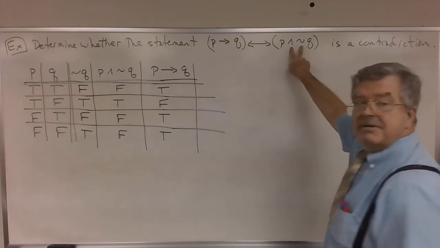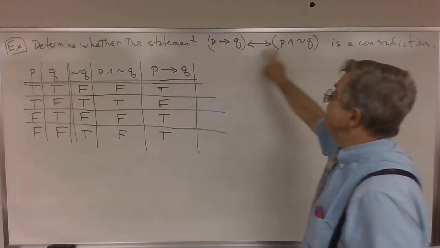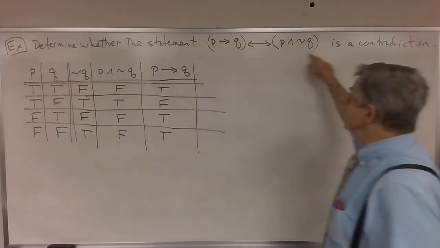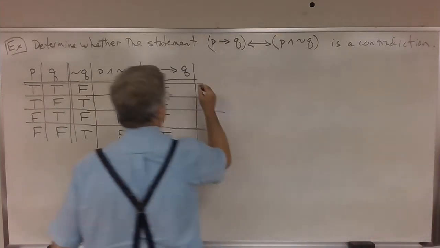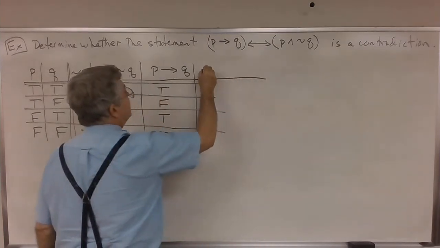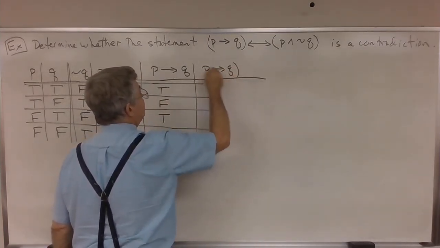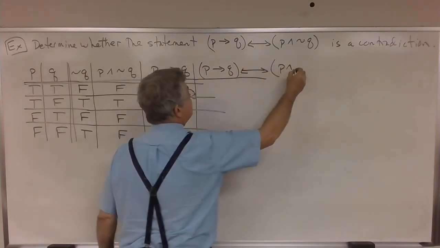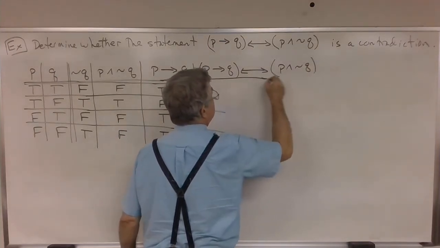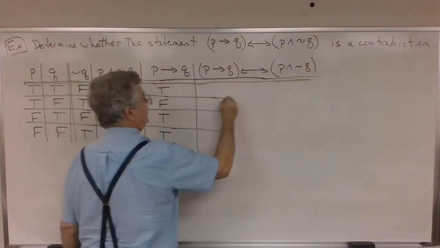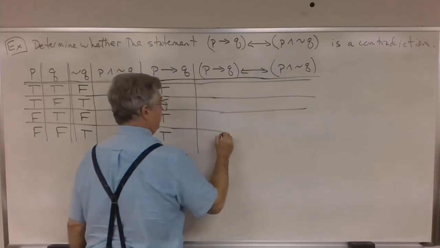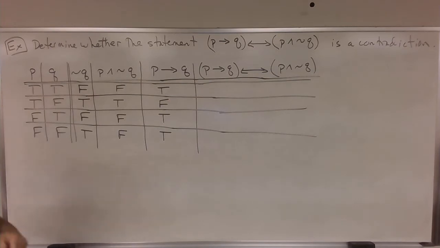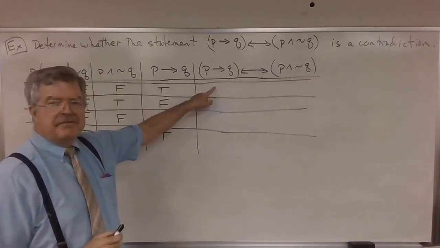We have this statement figured out, we know its truth values. We have this statement figured out, we know its truth values. We're ready to do the whole statement. This didn't take long at all. P implies Q if and only if P and not Q. This is an if and only if statement.